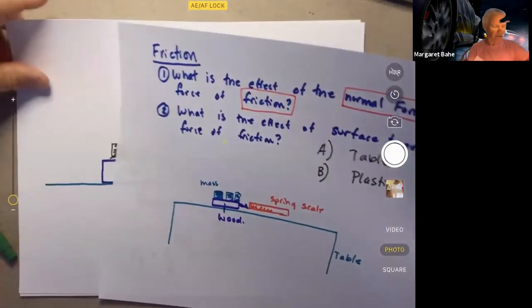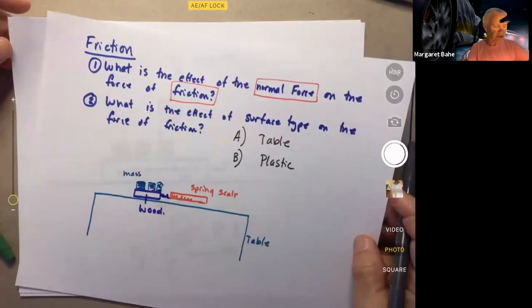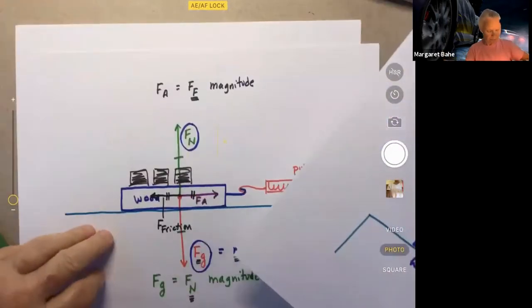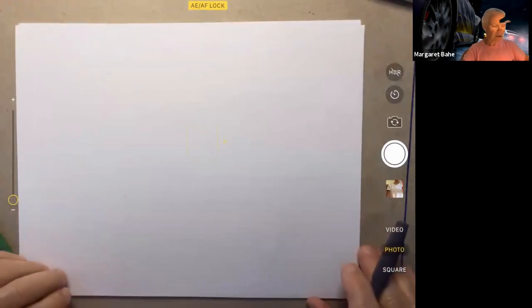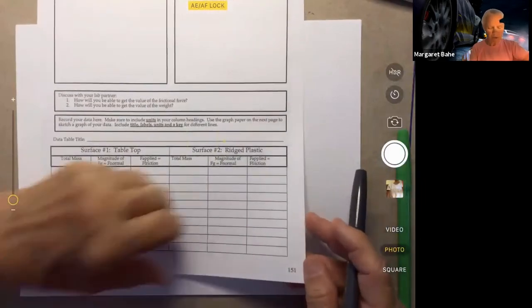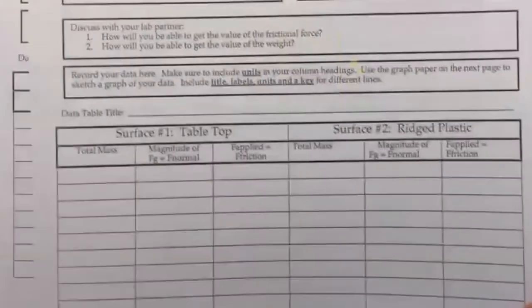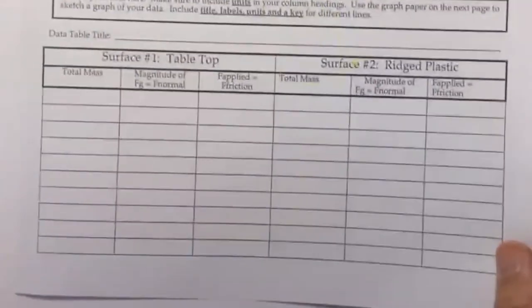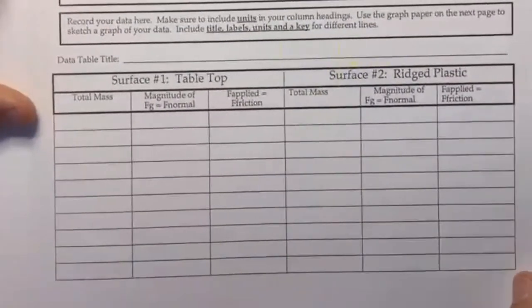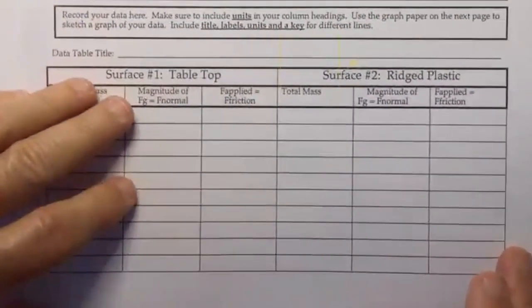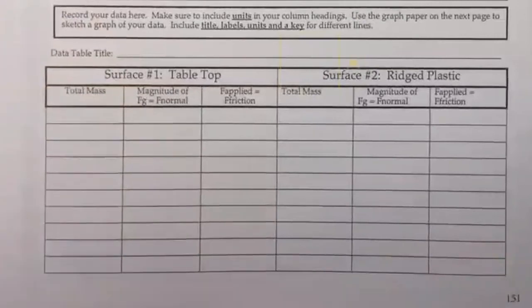So just before we start to gather our data, what is our data table going to look like? If you turn to this page, which at least right now is page 151, you're going to see the data table at the bottom of the page. And of course, you want to start with the title of your data table.